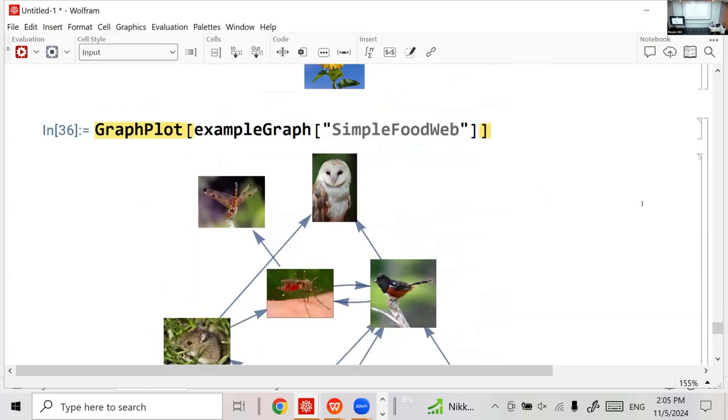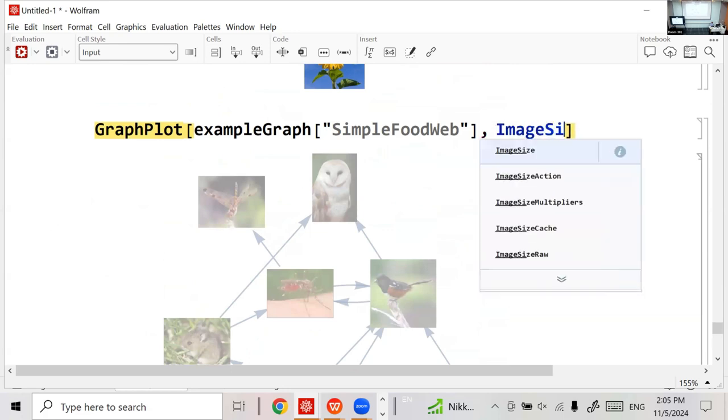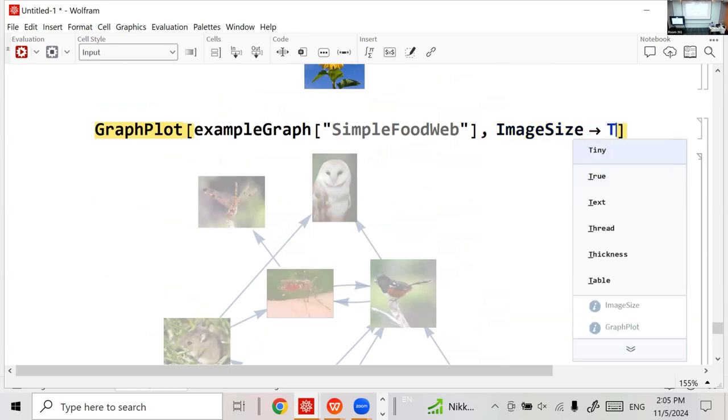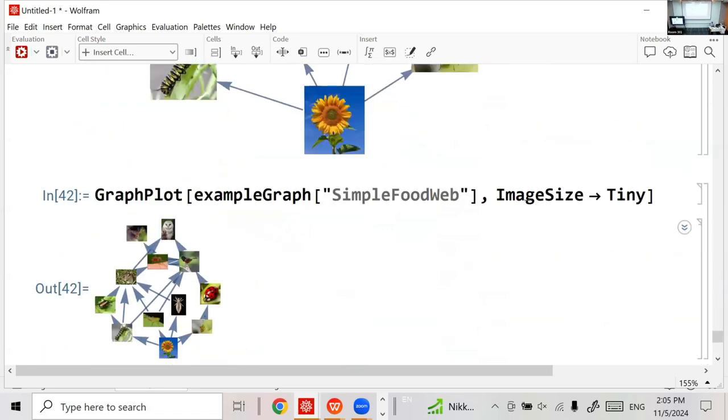Okay, now this is a default picture, right? So obviously you can do something like image size tiny. Yeah, so that's going to be small. Okay, fine. You don't want that. Okay. Now the interesting thing is that one of the options has to do with exactly how you do the graph layout.